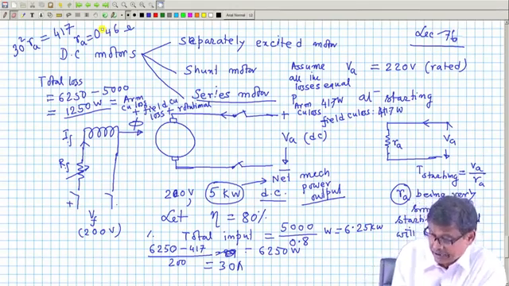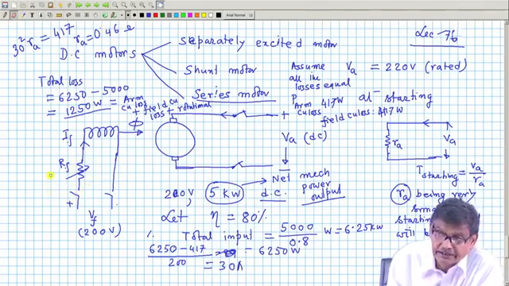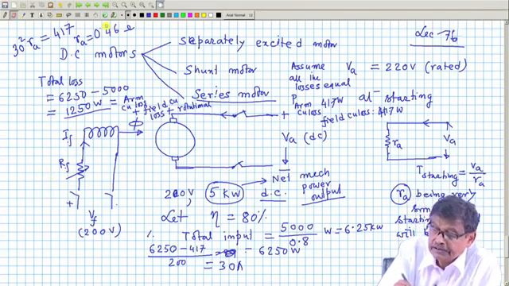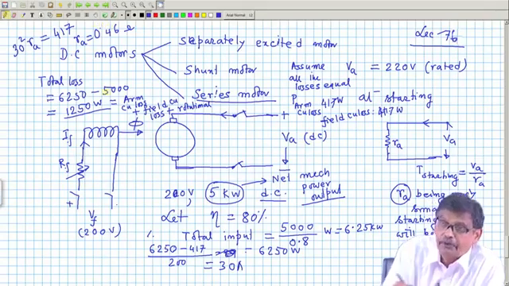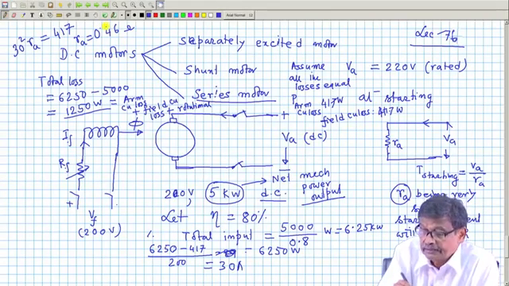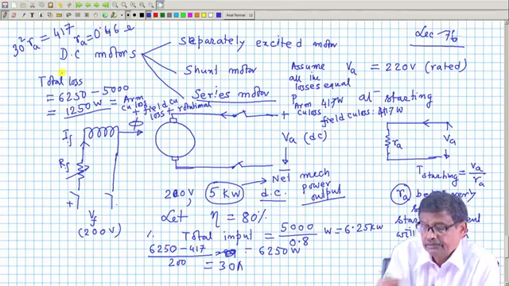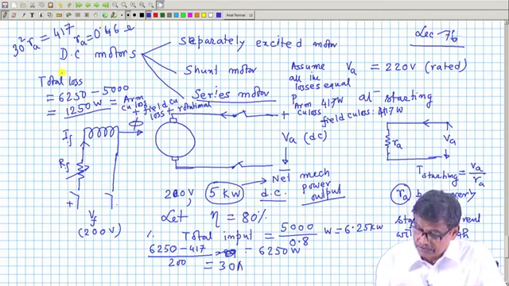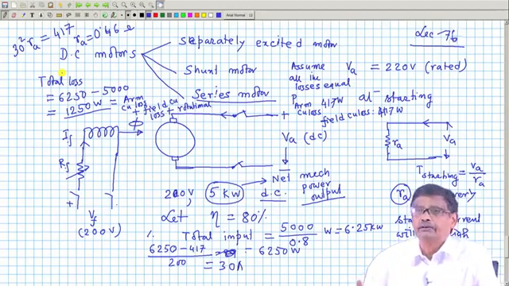Similarly, can I estimate the value of field resistance? This is an important thing I am telling, which will not be discussed in general books. I am just estimating a machine.